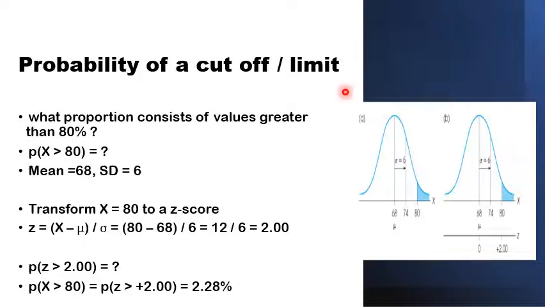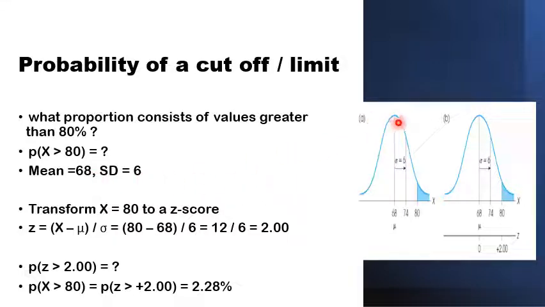This is the second value of the z-scores. It helps in predicting the probability above a certain limit, or above or below a certain cutoff point. Say we are dealing with another series here. This series of measurements have a mean of 68.